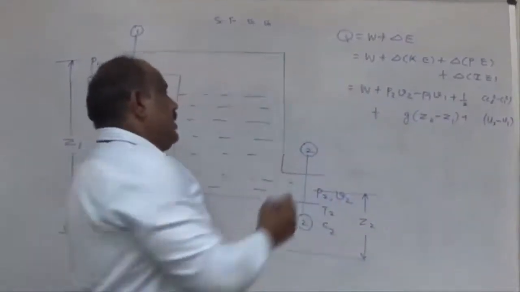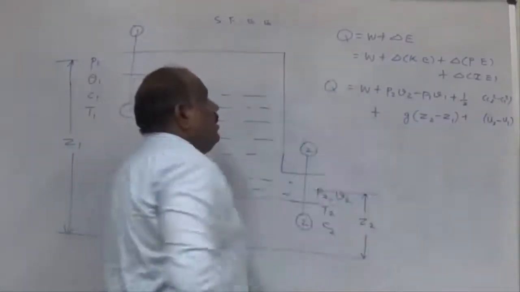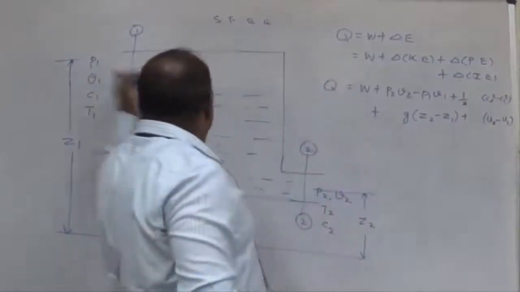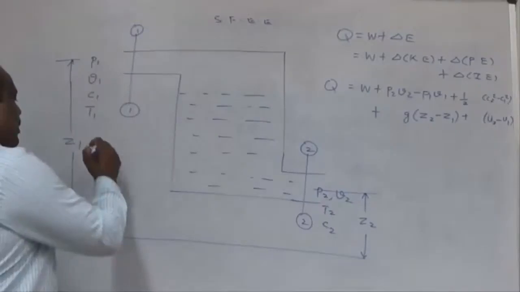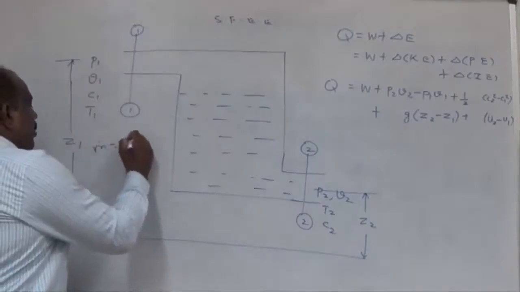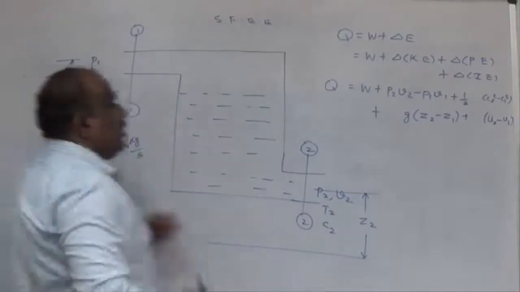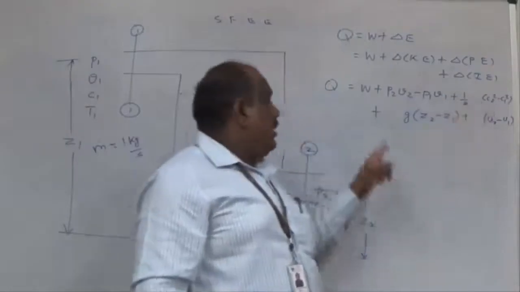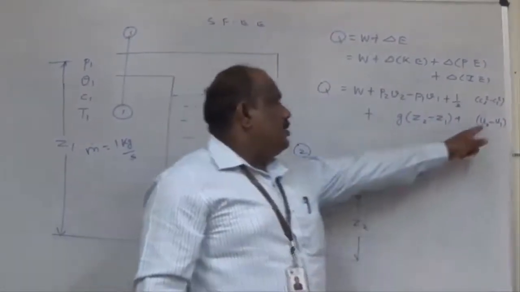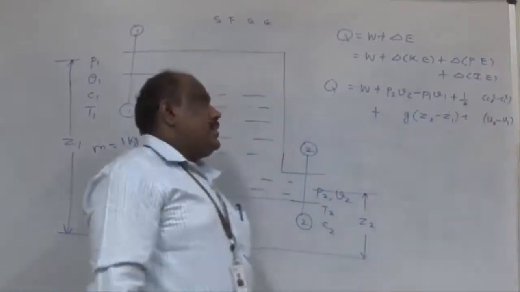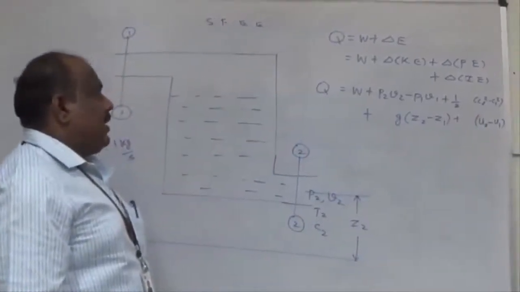What we consider is that the mass flow rate is 1 kg per second, so m dot equal to 1 kg per second. So m is 1 everywhere. Now this u is small u, a specific property, which is nothing but an intensive property.